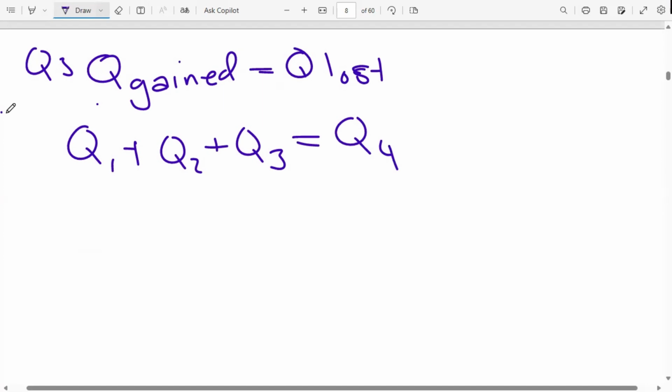But this formula is going to work best if we know whether it's the liquid water which is going to turn into ice, or if it's the ice that is going to turn into liquid water. So you can use this one. It works very well, and it's the one that I taught when I was talking about equilibrium temperature.